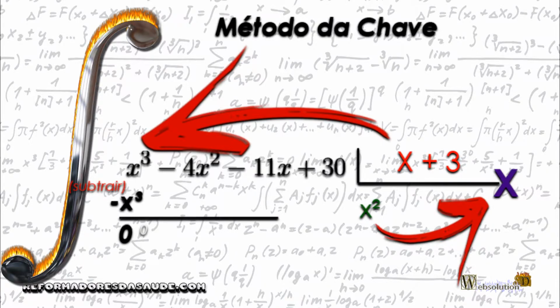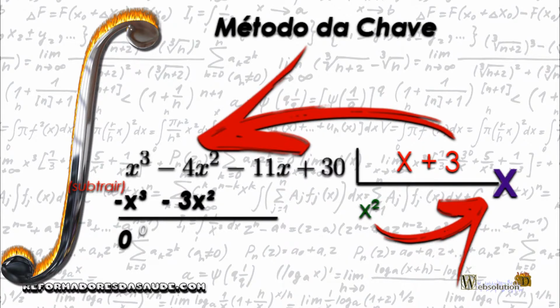So let's subtract the polynomial. X squared times x is equal to x cubed. But since it is an inverse operation, since we have to subtract from the polynomial above, we use the minus sign. Always look at the sign system. In this case x squared is positive, x is positive, but here it is negative.